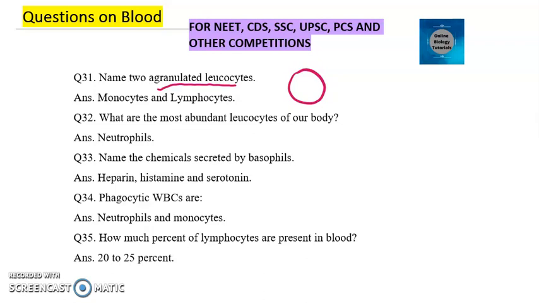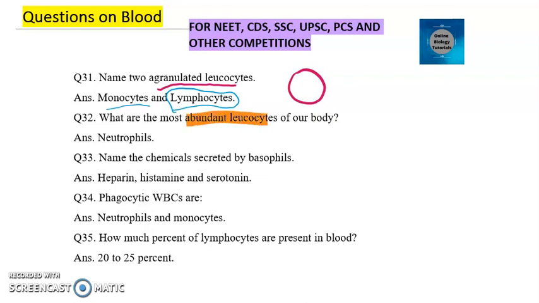So we have two such leukocytes which fall in the category of agranulated, and these are monocytes and lymphocytes. Lymphocytes are also very important for our body, and they are produced by the thymus gland, which is located in our chest, right?